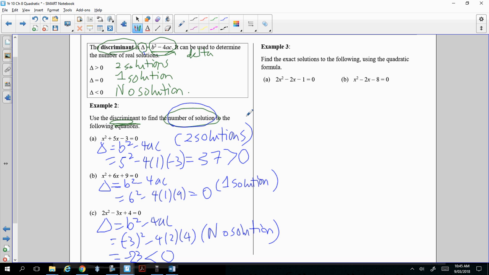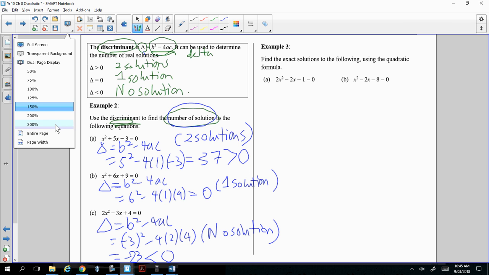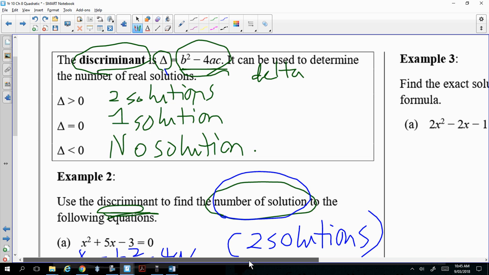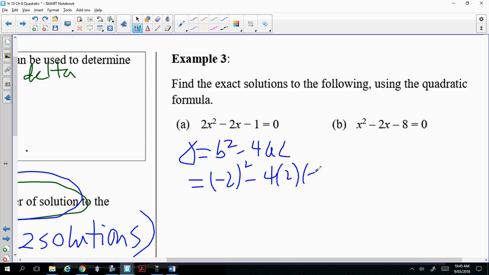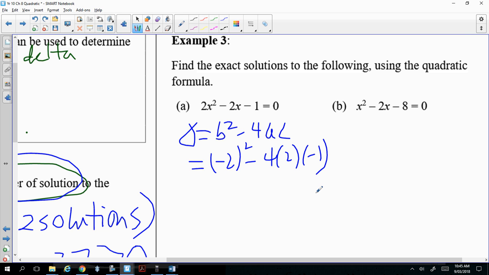Now, what you could do is, when you use the quadratic formula, just find the discriminant first. Okay? So what I do is find the discriminant, which is b squared minus 4ac. So you get negative 2 squared minus 4 times 2 times negative 1, and you will get the answer 4 plus 8, which is 12.